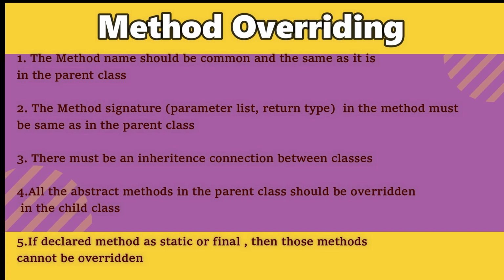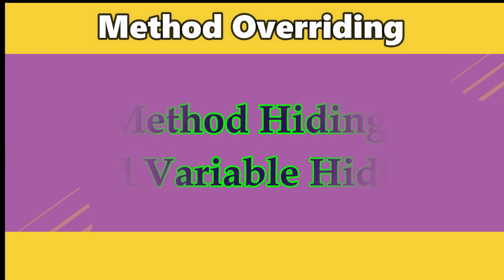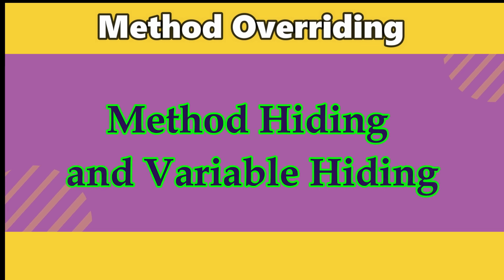Rule 4, all the abstract methods defined in the parent class must be overridden in the child class. And the last and final one, whenever any method is defined as final or static, then those methods cannot be overridden.